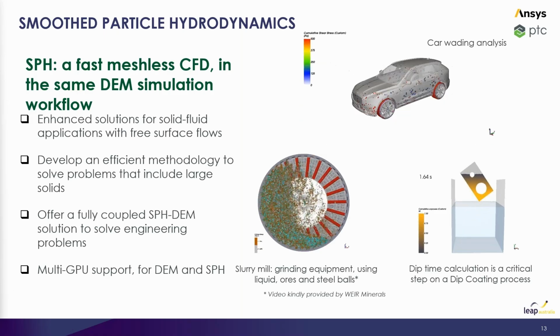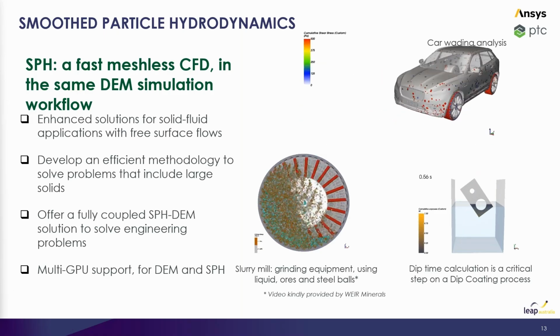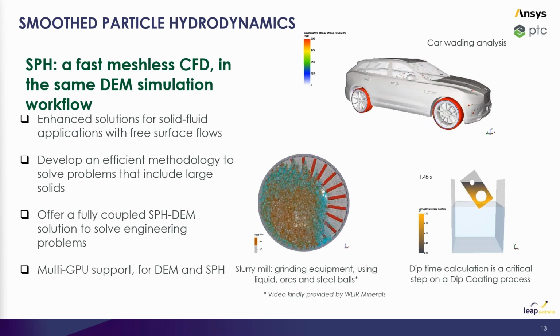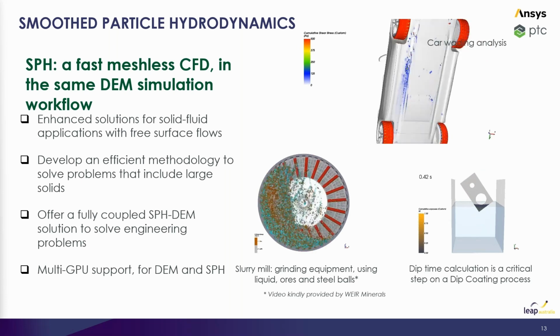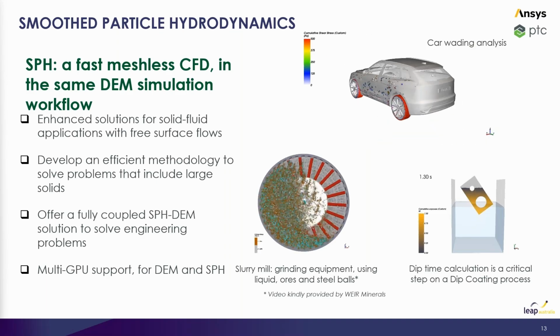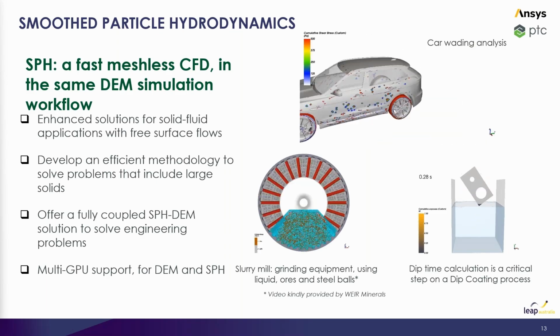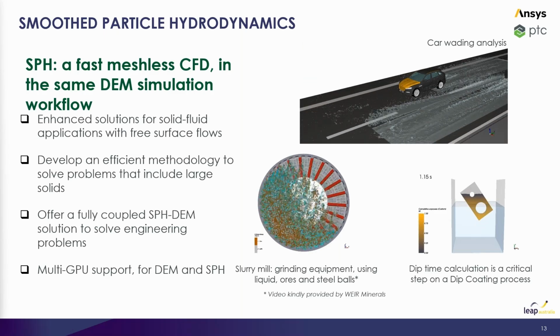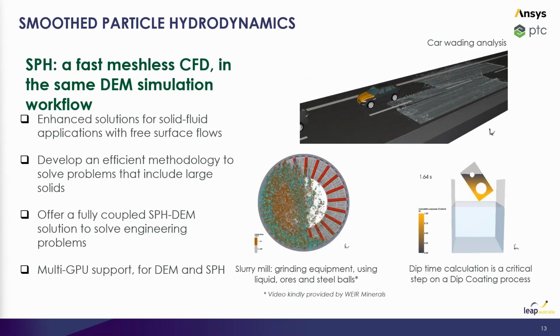Now, the major difference, though, between SPH and DEM is that the interparticle forces in SPH are basically derived from the Navier-Stokes equations instead of particle interaction laws or contact formulations. There's also, of course, the concept of interpolating field data, which doesn't happen in DEM.